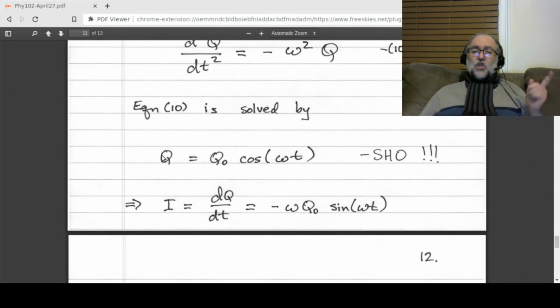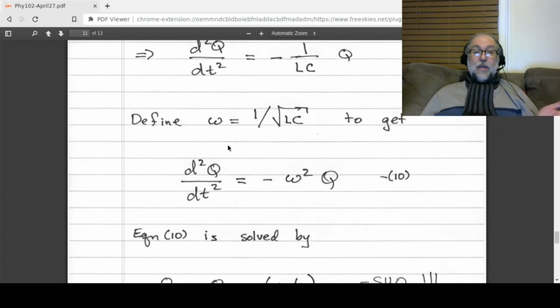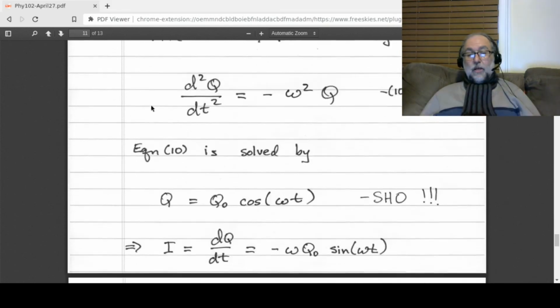So the time-dependent charge on the capacitor is going to equal some maximum charge, we'll call that Q naught, times the cosine of omega t. And what's that omega? It's the angular frequency, and now the angular frequency is equal to 1 over the square root of LC, where L is the inductance and C is the capacitance. So you can see that the inductance and the capacitance together set the frequency at which this circuit oscillates back and forth.